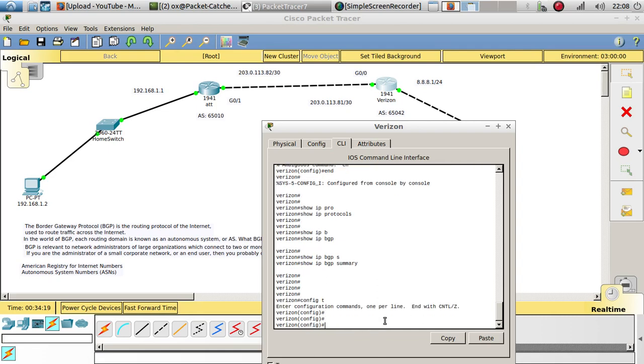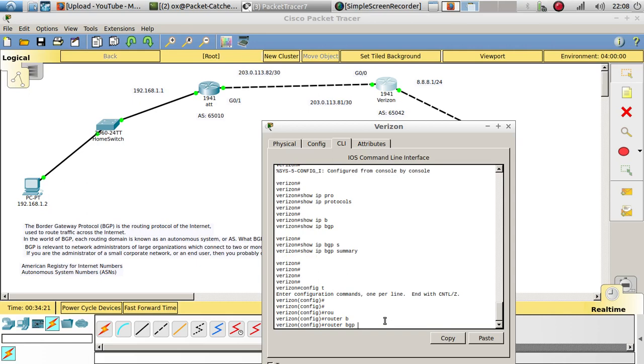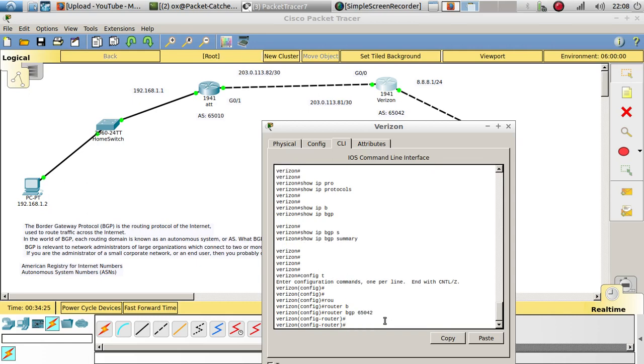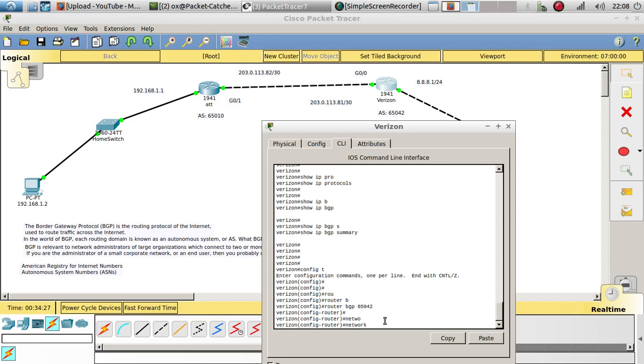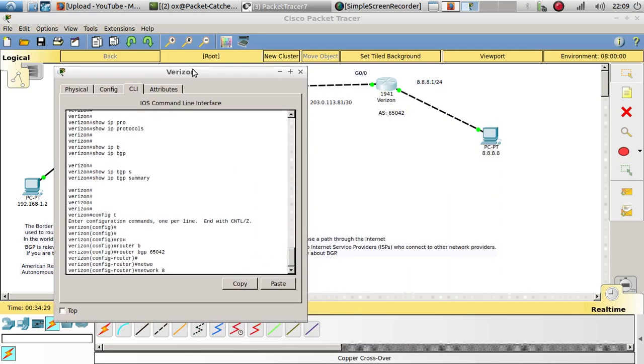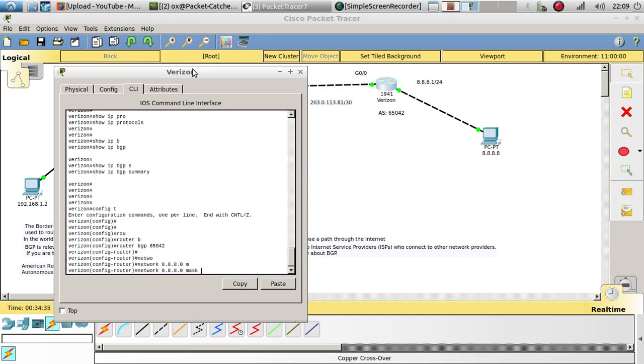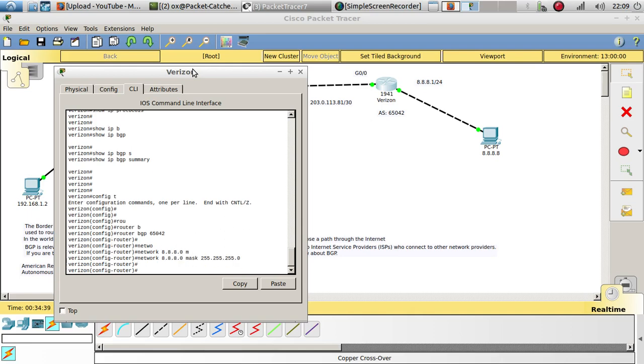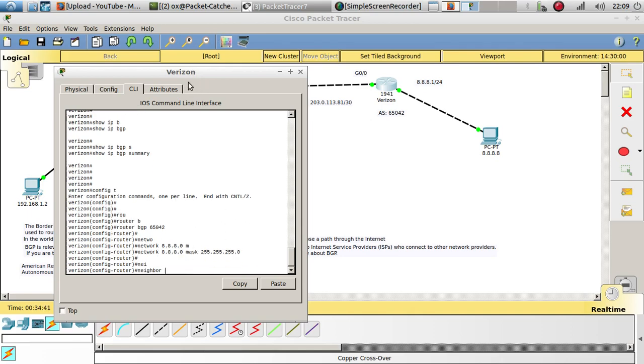Config T, router BGP 65.0.42, and now let's add the network that we have over here, which is 8.8.8.0, and we have to give it a mask 255.255.255.0, and now let's configure that neighbor.